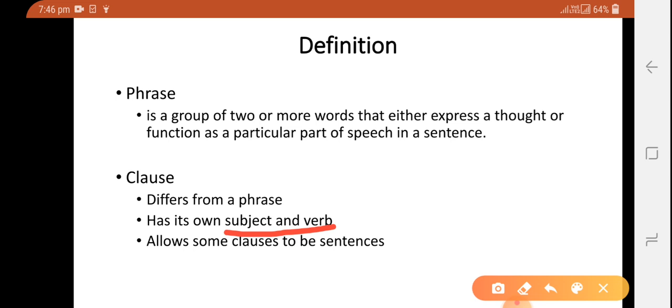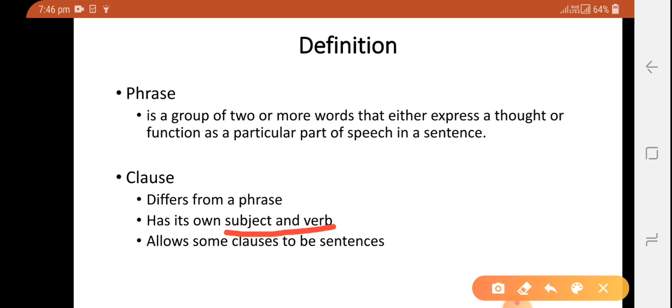Predicate doesn't mean that it is a verb, minimum of a verb, and extra words or other components of a sentence. Here in clause also we find a subject and verb, minimum of a subject and verb.